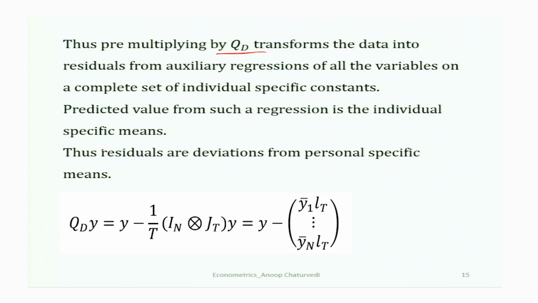What I mean to say is, if you take Q d y, then Q d y is equal to y minus 1 upon T J T y. It is just like the fixed effects model. And then if you consider this part, if you take J T y and you divide it by T, or you can say if you take J T bar y, then you get this vector.